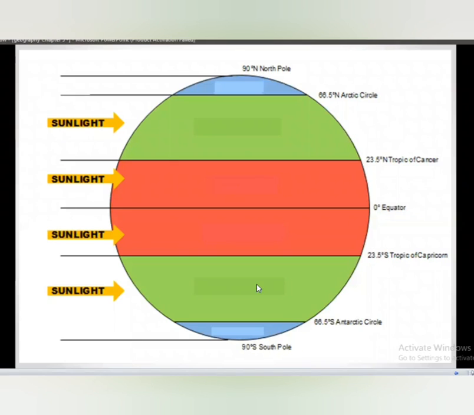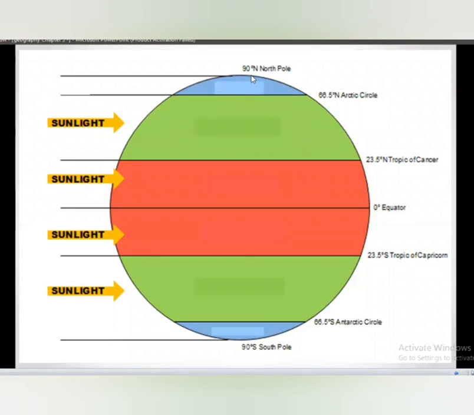In this area, here and here, the sun rays or the heat is low as compared to this area. Next is this area where blue color is given. Here the heat or the sunlight is extremely low.